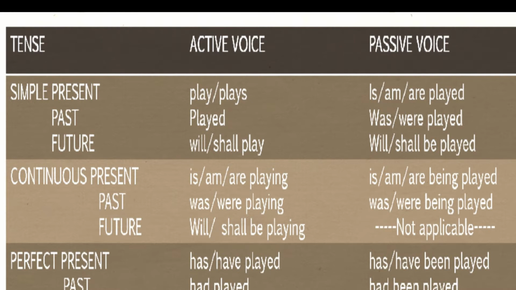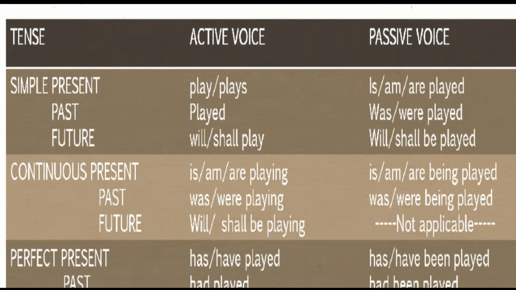If the subject is first person singular, then we will use am. And for the rest of the subjects, we use are because they are plural, like you, we, they, etc. And this verb be is followed by the past participle of the main verb.